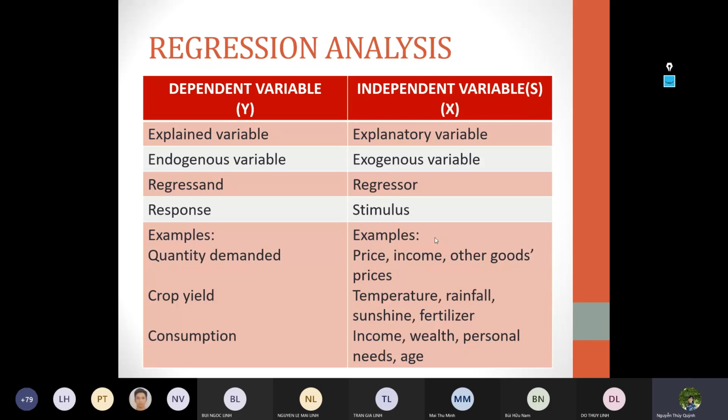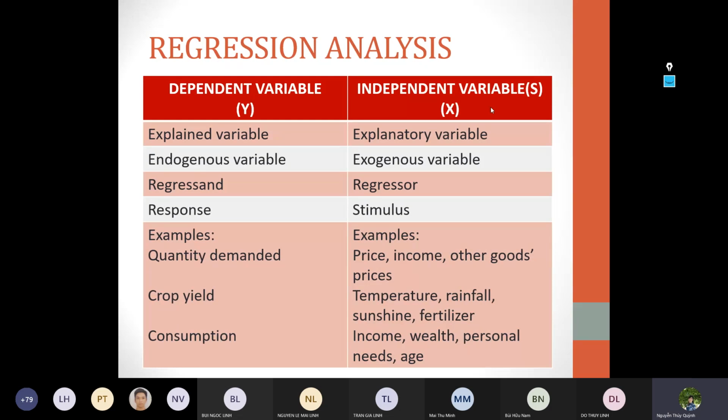The dependent variable, or the explained variable, has its value explained by other components in the model. And for the independent variables, the role in the model is to explain the value of the dependent variable. So that's why we call it the independent variable or the explanatory variable.